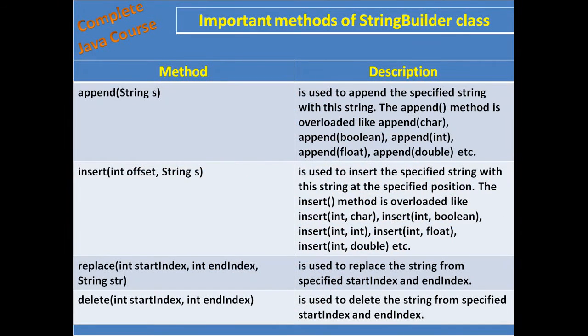So there are some important methods of the StringBuilder class. Just read one by one. I have given the method name as well as the description. The description is very easy. The most important methods are the append method for appending the string, insert method for inserting the string, replace method for replacing the string, and delete method for deleting the string from the specified index.